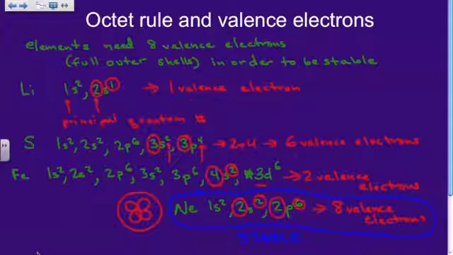Now, this might be very confusing in figuring out how elements are going to bond, so we often use Lewis structures. Lewis structures are a way of representing the number of valence electrons in an element. So if I have lithium, remember that lithium had 1 valence electron, and that valence electron was in 2s1.